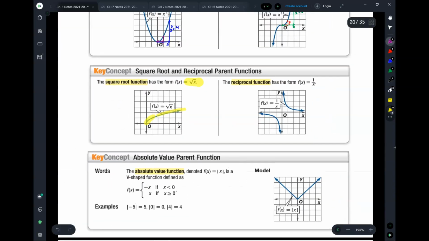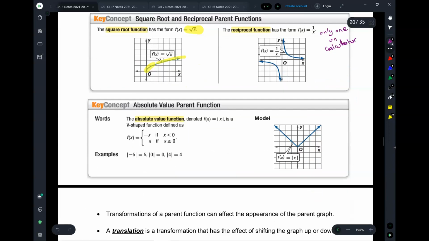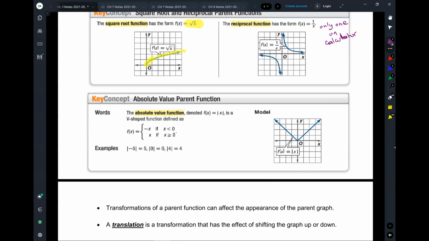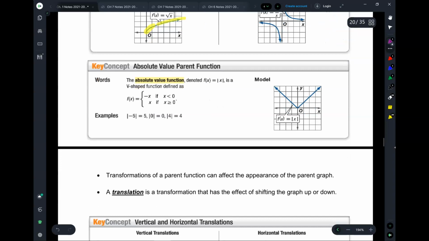The reciprocal function is the only one that you're going to graph on the calculator. That's the only one that you'll be able to do with a calculator. And then we have an absolute value function, which you've graphed before.